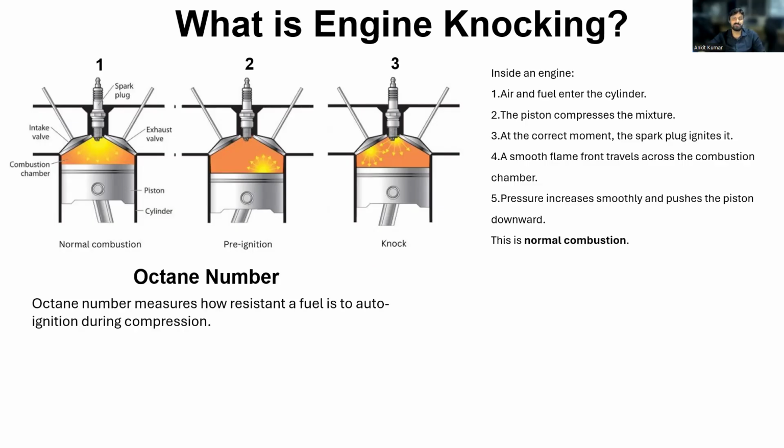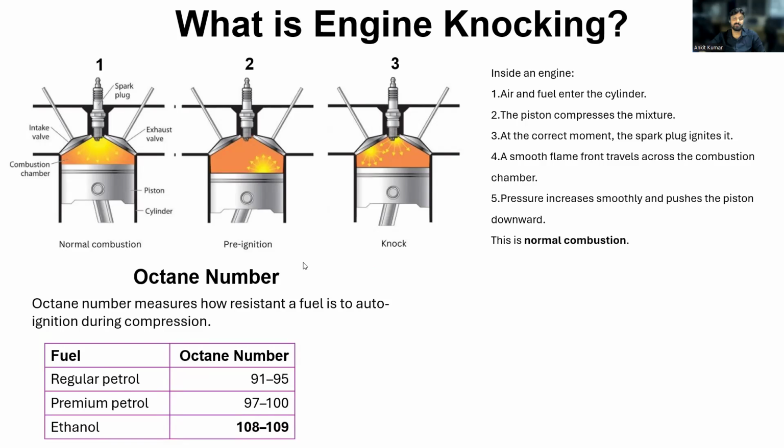The octane number is a measure of how resistant a fuel is to auto-ignition during compression. If the octane number is higher, the fuel has higher resistance to auto-ignition and won't get auto-ignited. If a fuel has a lower octane number, it will get auto-ignited very easily, and that will create more noise. That is called knocking.